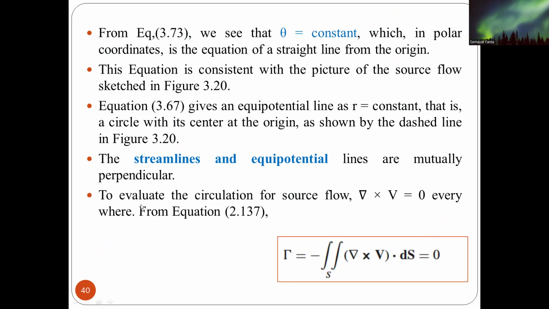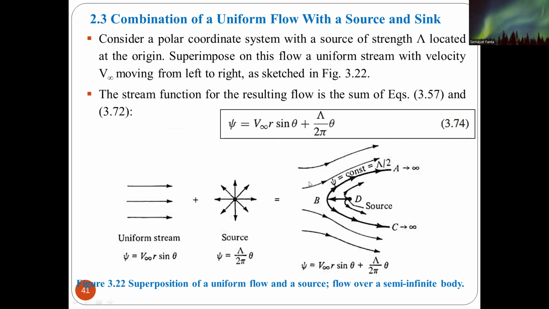So to evaluate the circulation for the source flow at every point, this equation is satisfied. This equation is directly taken from the previous chapter. Now, let's combine the uniform flow with source flow. This is the superposition principle. We are superimposing two different flow types.